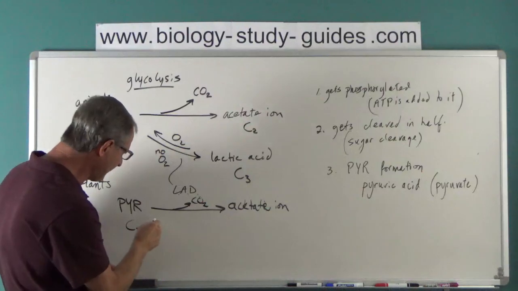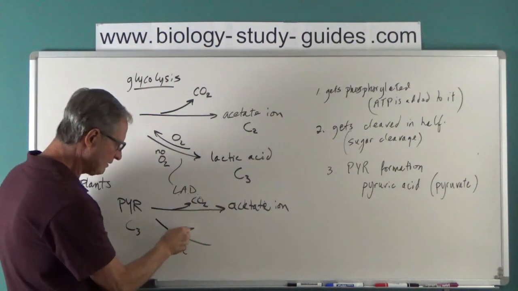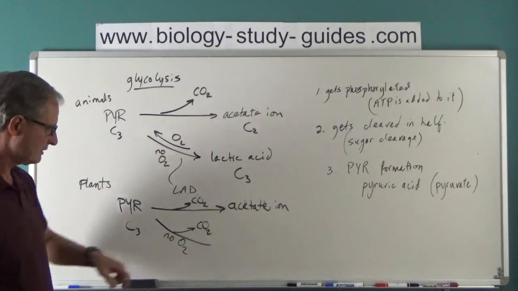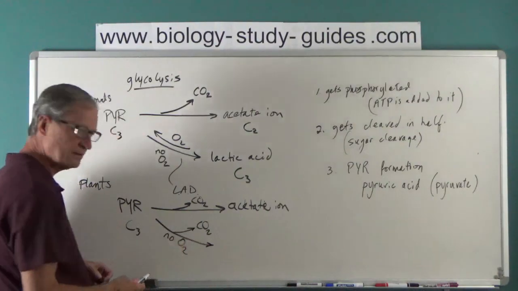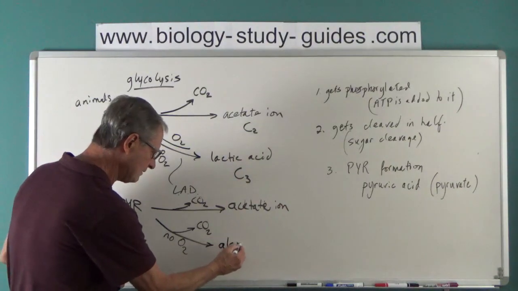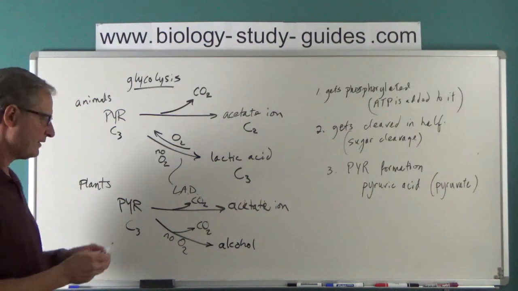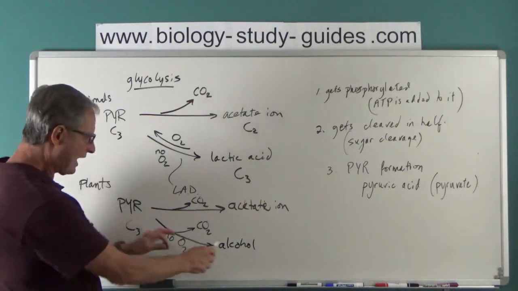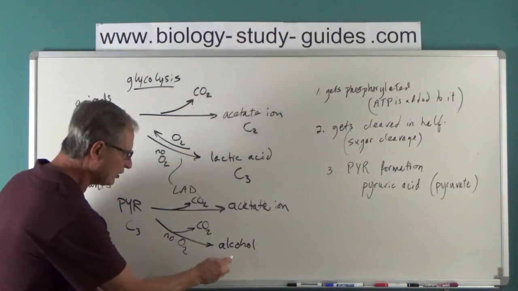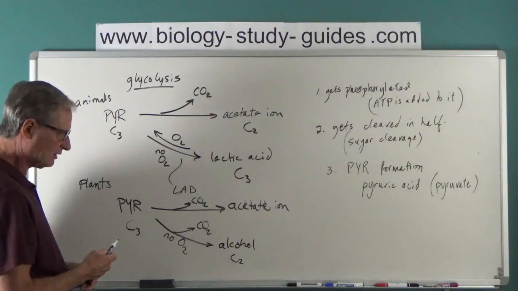If oxygen's not available, see the difference? If oxygen's not available, you get alcohol. This is alcoholic fermentation. This is how we make alcohol out of plant materials. This is the process that goes on here. Alcohol is a 2-carbon molecule, ethanol, ethyl alcohol.